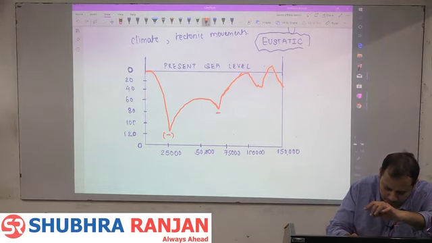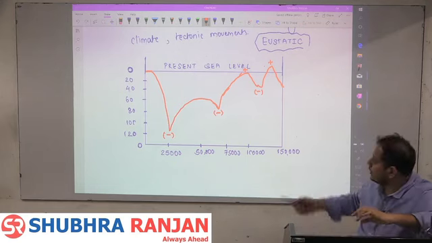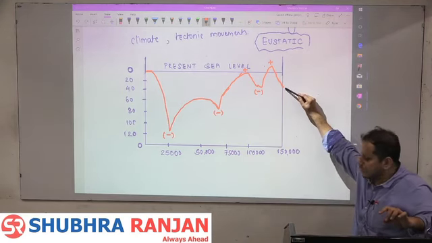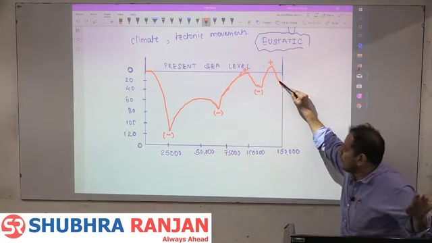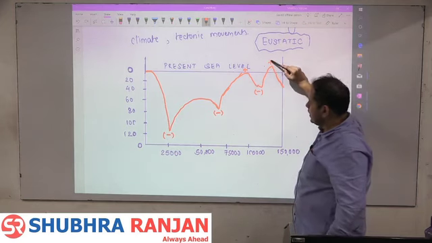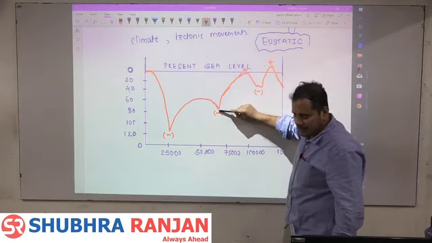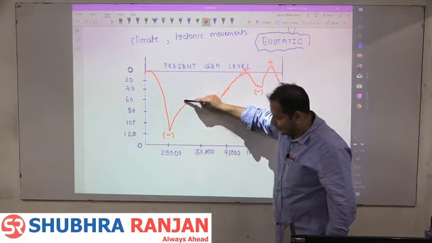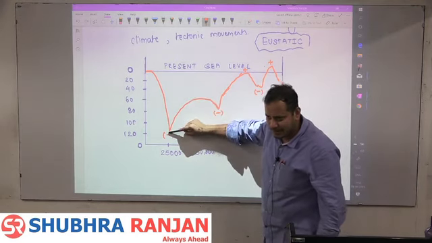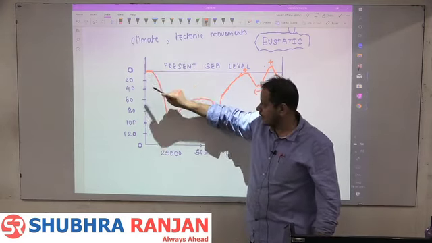We can draw this diagram. डेढ़ लाख साल पहले this was the sea level. Some 1,25,000 years before, the sea level increased. Again it decreased. Again it increased. Again it decreased. And after the end of Pleistocene ice age, it has increased and it is constantly rising.